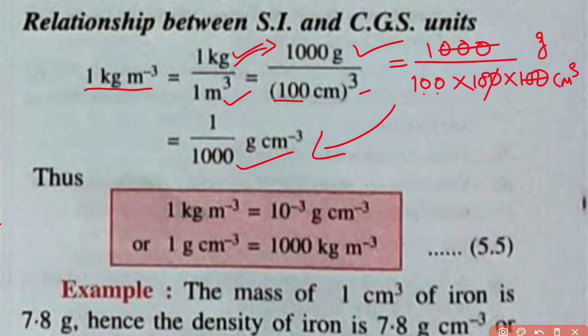Thus 1 kilogram per meter cube is 1 upon 1000, which is 10 to the power minus 3 gram per centimeter cube, whereas if I reverse this, 1 gram per centimeter cube will be 1000 kilogram per meter cube.